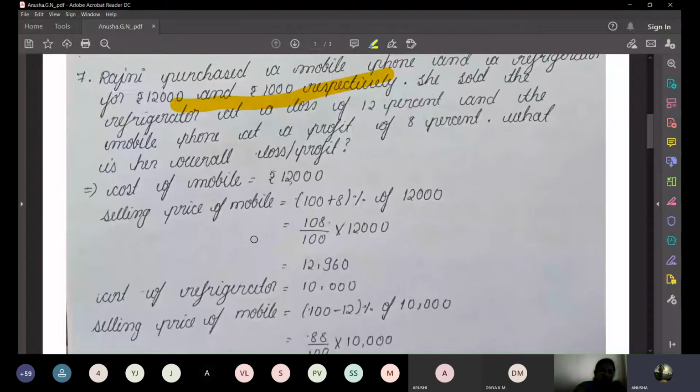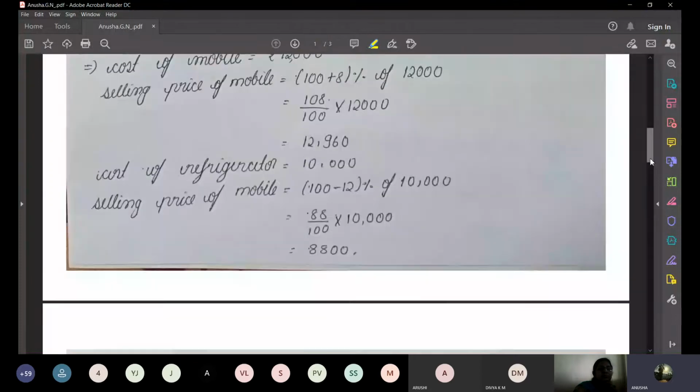960 rupees. And next is the refrigerator. She purchased the refrigerator for 10,000 but she sells the refrigerator at a loss of 12%. We need to subtract 12% from 100. So 100 minus 12 is 88, divided by 100 into 10,000. After solving this, we get 8,800.